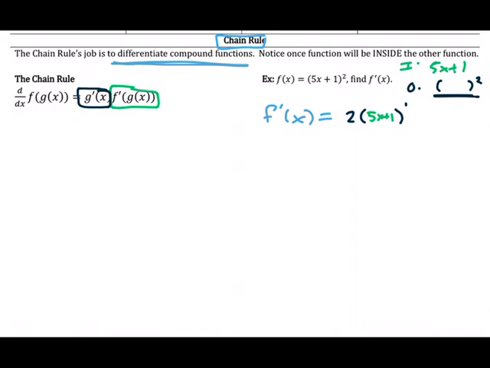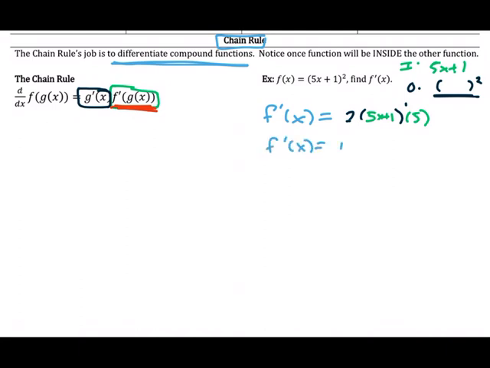So the part that we just did is f prime of g of x. Now we're going to take the derivative of the inside part, and the derivative of 5x plus 1 is just 5, and we're going to multiply that together. Let's clean this up slightly.